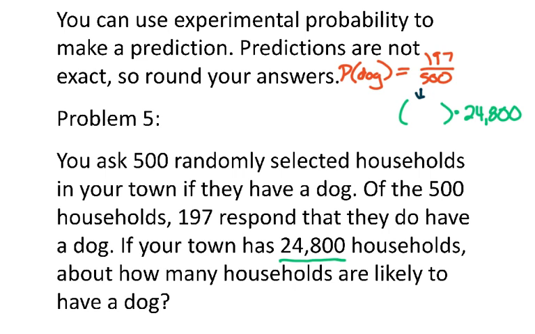So once I get whatever decimal that is, I'll multiply it. So I should get something close to 9,771.2. Can't have 0.2 of a household. So we're going to round this to 9,772. Now, it could be slightly off depending on how you rounded it.